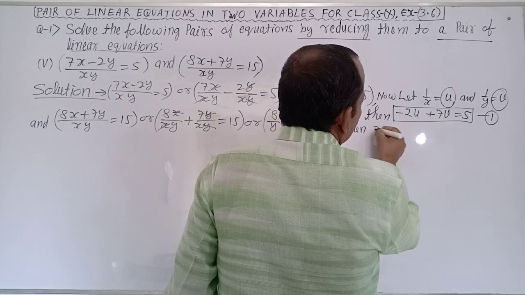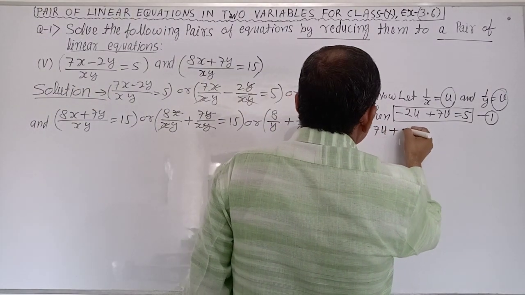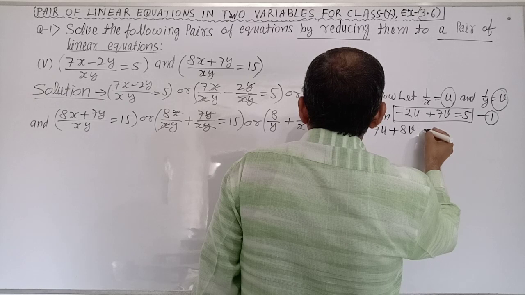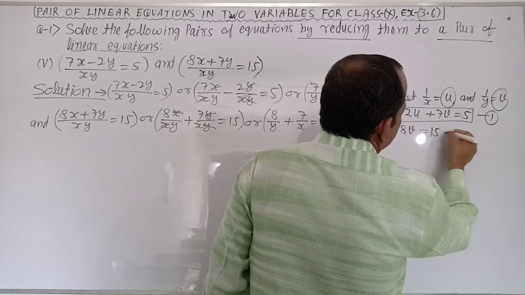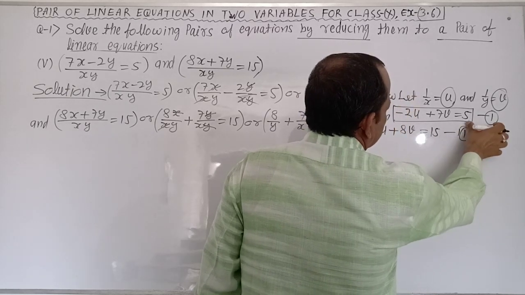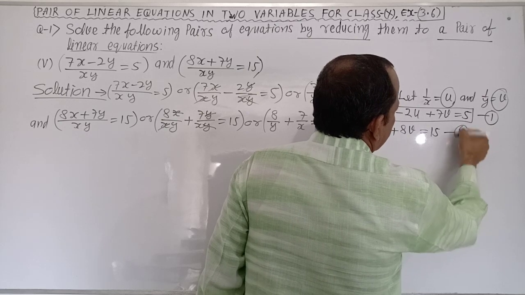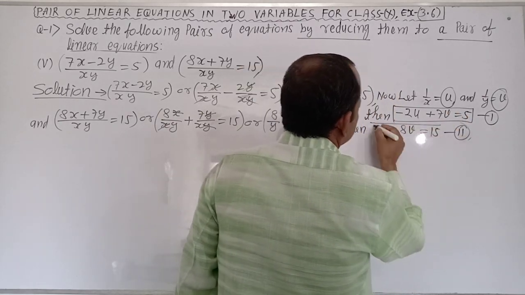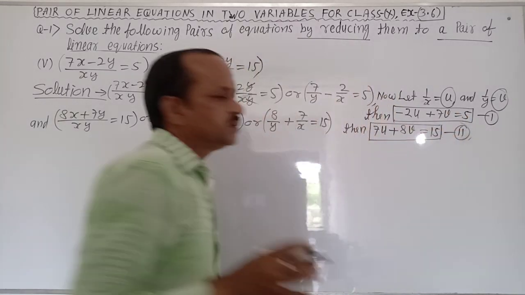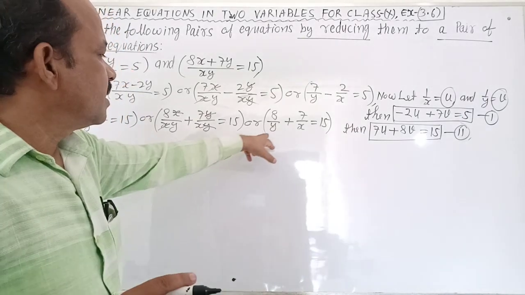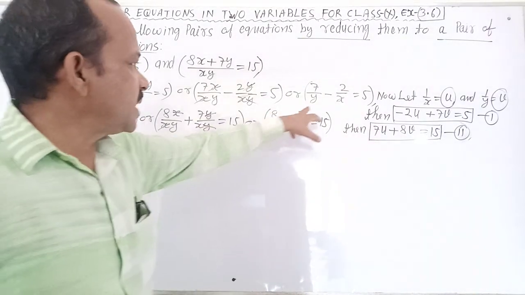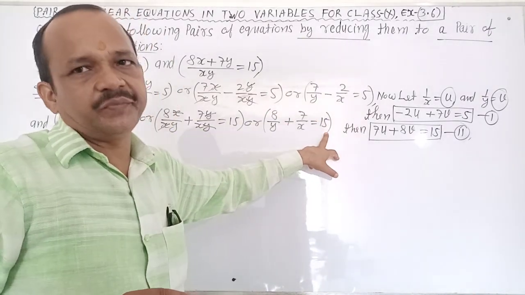Then 7u plus 8v equal to 15. It is equation second. Clear? 8 by y plus 7 by x equal to 15.